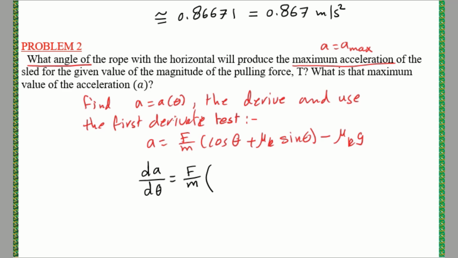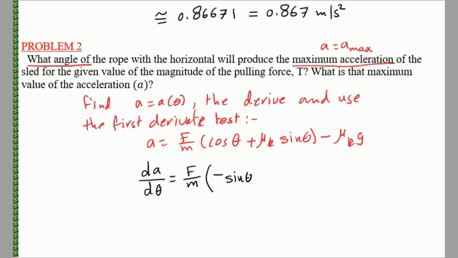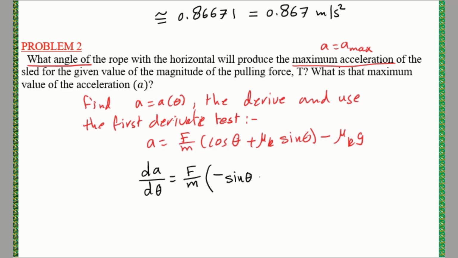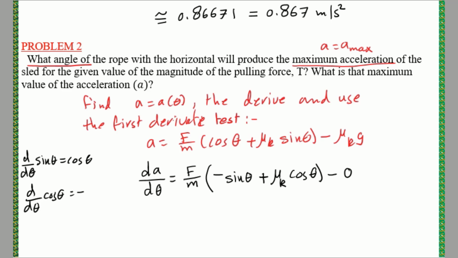The derivative of cosine theta is minus sine theta, and the derivative of theta is 1, plus mu k, it is a number, constant. The derivative of sine is cosine theta, minus mu k g, it is a constant, so the derivative of it with respect to theta is 0. So here we have d by d theta for the sine is cosine theta, and d by d theta for the cosine theta is minus sine theta.